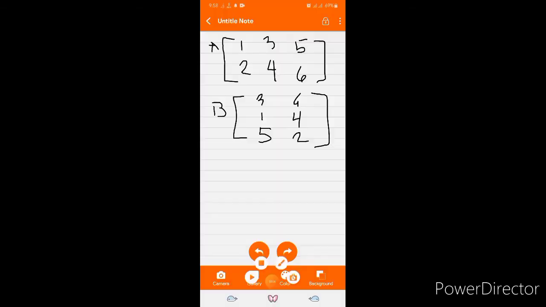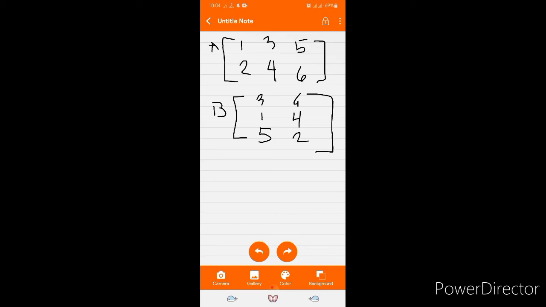So for example, the matrices A and B. In multiplying these matrices, we can multiply them because the number of columns of the first matrix is the same as the number of rows in the second matrix.